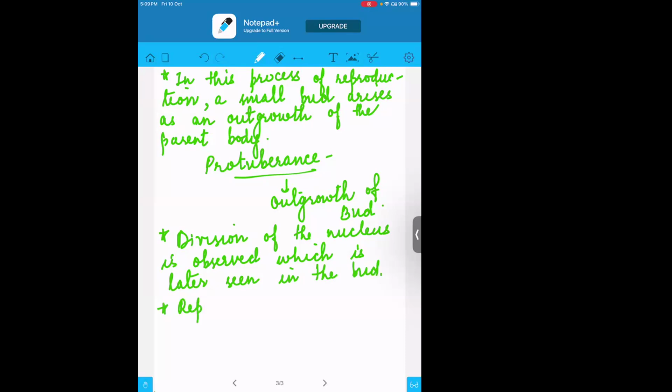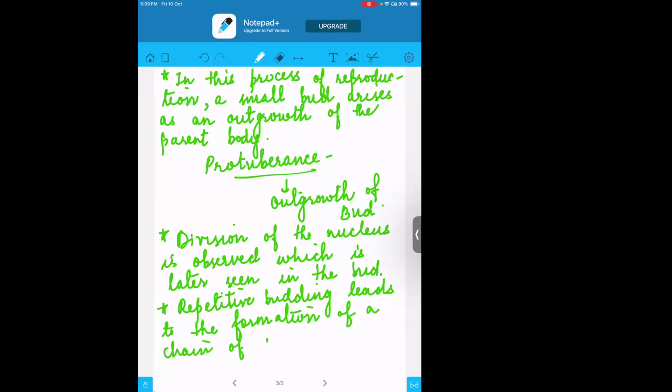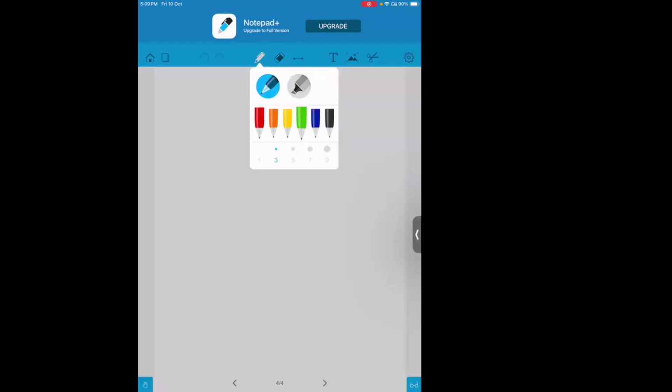And the last point is repetitive budding. Continuous budding leads to the formation of a chain of cells. And why does it lead to a chain of cells? Because they do not get the favorable conditions. Because of that, the chain of cells will keep on forming. That is how the process happens.